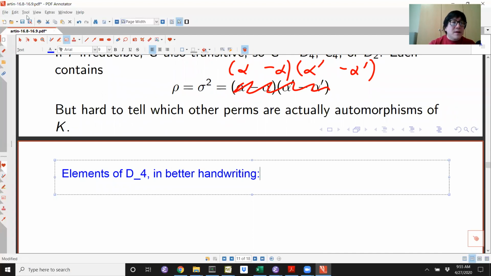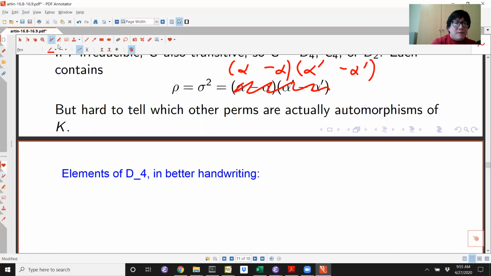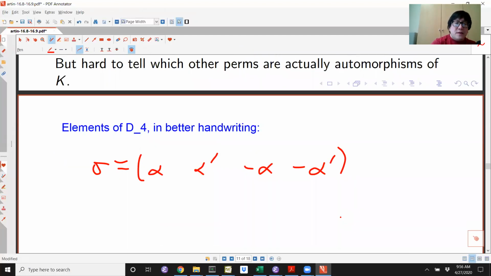Okay, so let me try that again. So we have sigma is a permutation that sends alpha to alpha prime to minus alpha prime. And tau is the element that flips alpha prime and minus alpha prime.